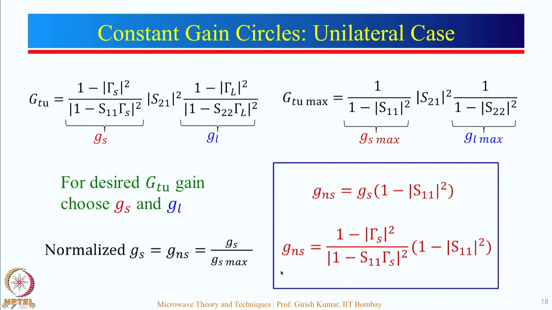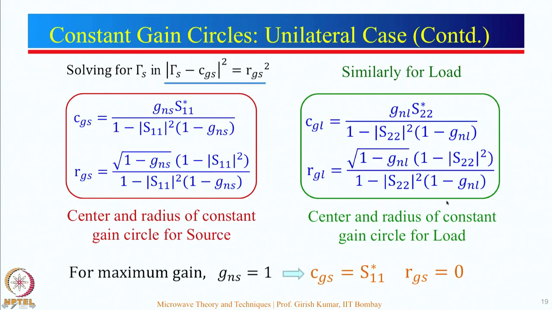So, GNS is equal to this particular term, which is coming from here, and this term corresponds to the GS max term. In this expression, the only unknown is gamma S. Other values are known: S11 is known and GNS is known. So, we solve this equation for gamma S, and that will lead to the constant gain circle.